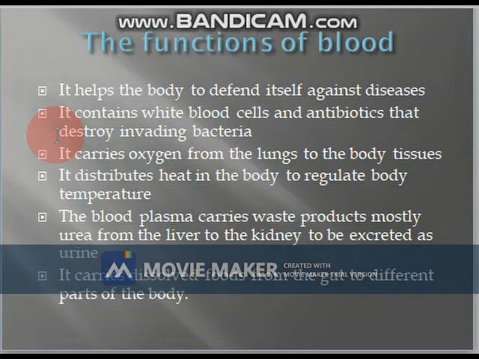It carries oxygen from the lungs to the body tissues. It also distributes heat in the body to regulate body temperature. The blood plasma carries waste products, mostly urea, from the liver to the kidney to be excreted as urine. And last but not the least, it carries the absorbed foods from the gut to different parts of the body.